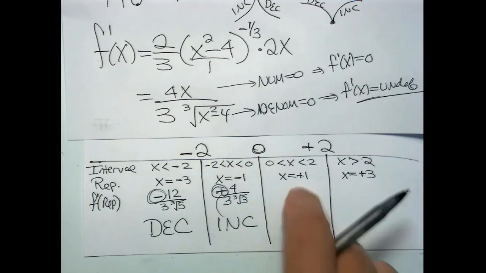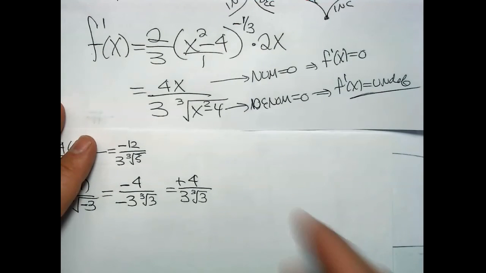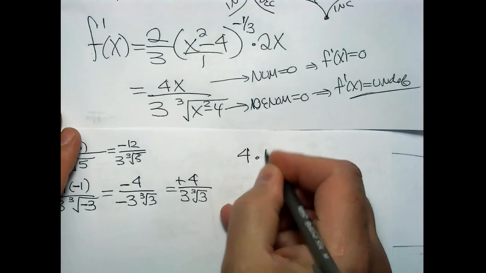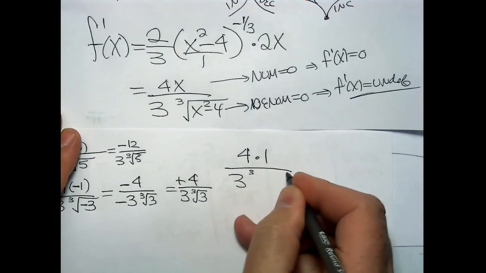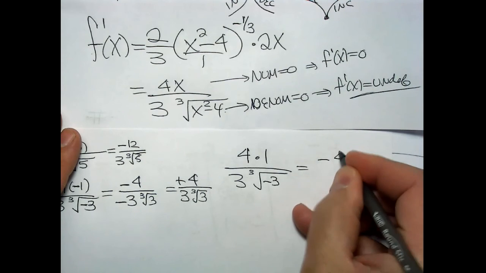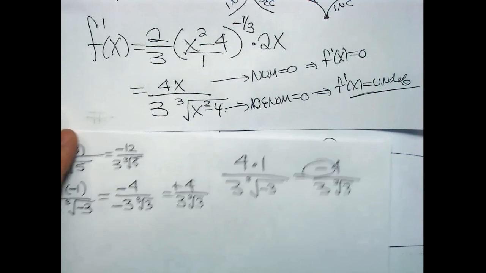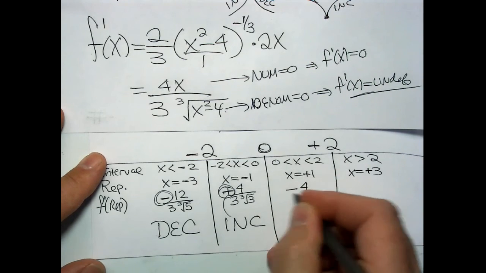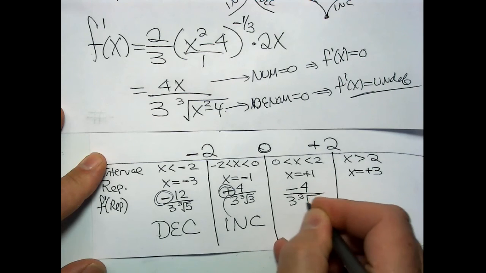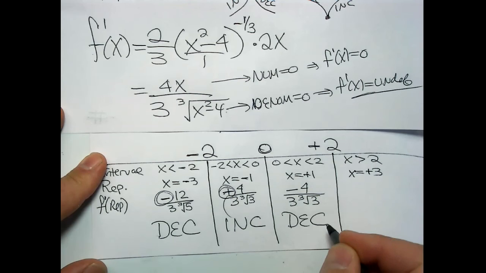Okay, now let's do x equals 1. So x equals 1 now needs to go in to my derivative, and that would be 4 times 1 over 3 cube roots of -3 again. That's all I really care about. This is definitely a region where the curve starts decreasing again.